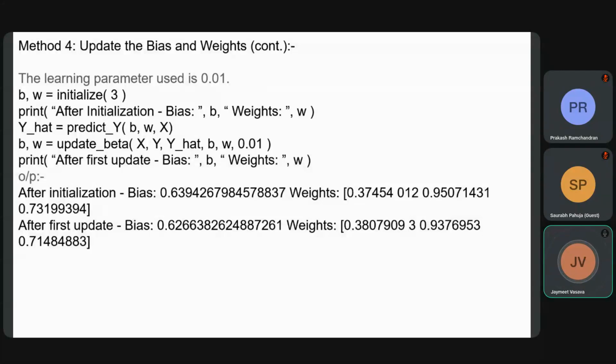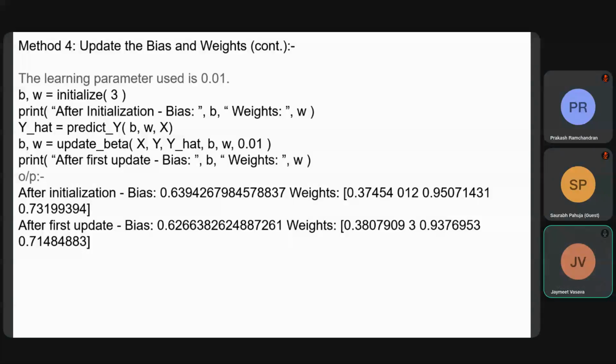Now using these, we use the initialize function again, print the values, then use the predicted values of y and store it within the y hat, and also get the updated beta values and store it in the B and W denoted by bias and weights.